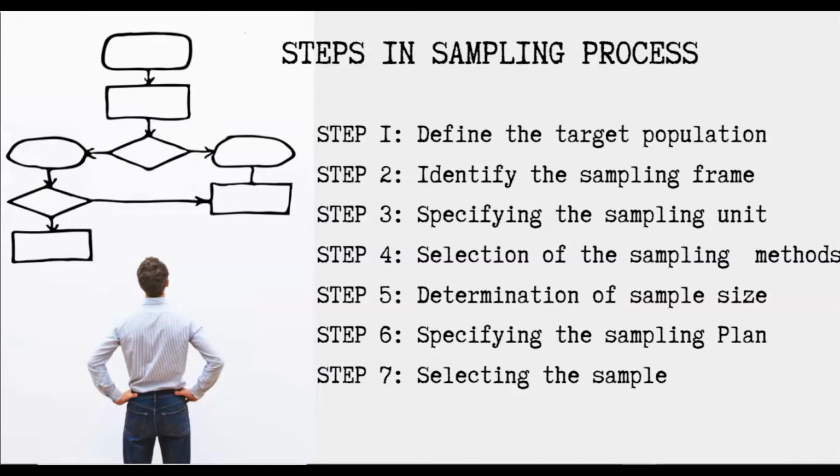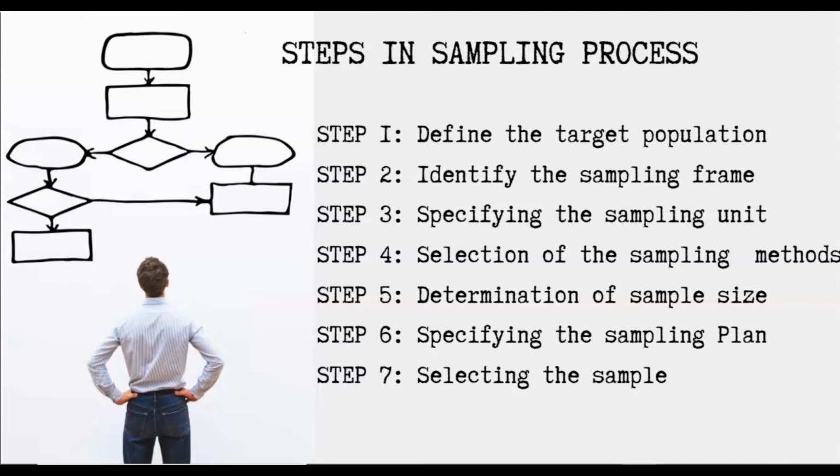Sampling frame errors occur when the sampling frame does not accurately represent the total population or when some elements of the population are missing. Step number 3, specifying the sampling unit.